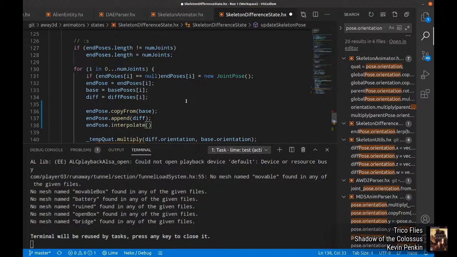Granted, matrix rotation is a little worse than quaternion rotation, but not by much. I don't want to overcomplicate the code in order to achieve it.